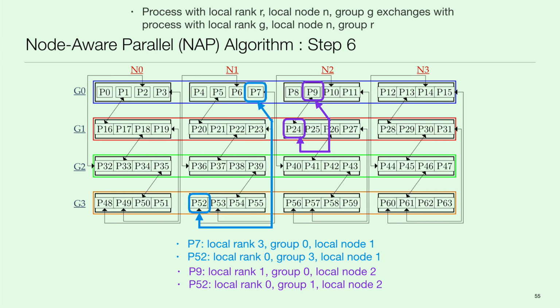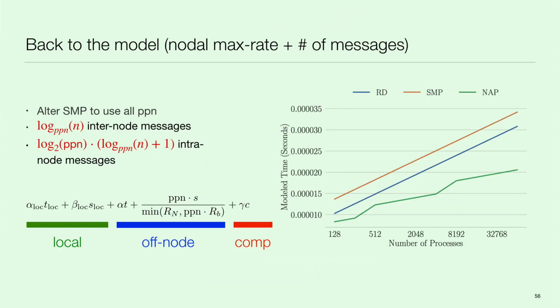That would be P52, and we would do that exchange. All right, back to the models then. We're going to take the same model that we had before. It looks like a local alpha-beta model, plus a max-rate off-node model, and then plus a computation term.